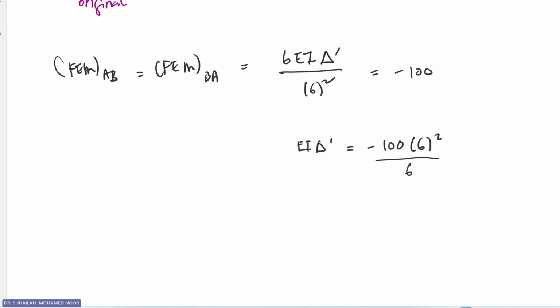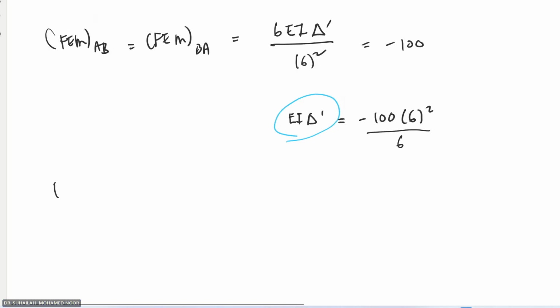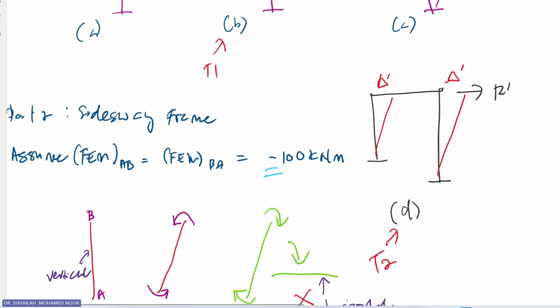Then we use this in the formula of FEM for member CD. So FEM for CD is equal to FEM for DC. CD and DC, look at the diagram. This one and this one have the same behavior.